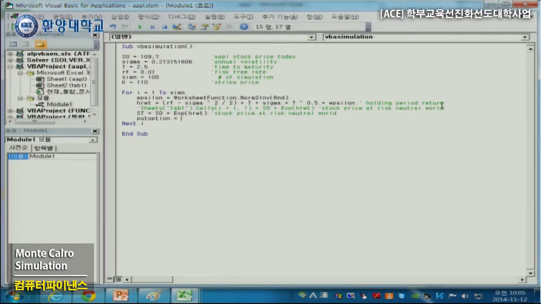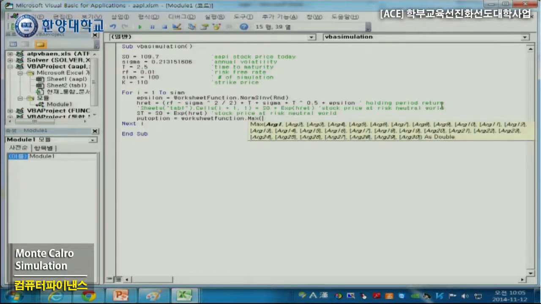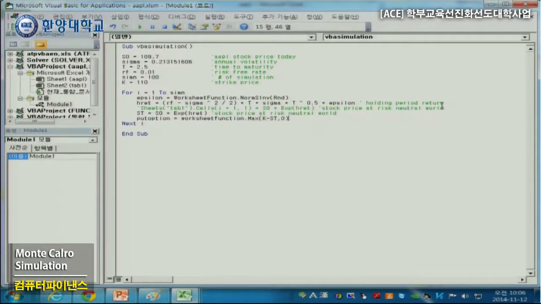I have to get the put option payoff with max. I have to call worksheet function again in order to do max, and the max of K minus ST, and 0. Right? This is put option price.